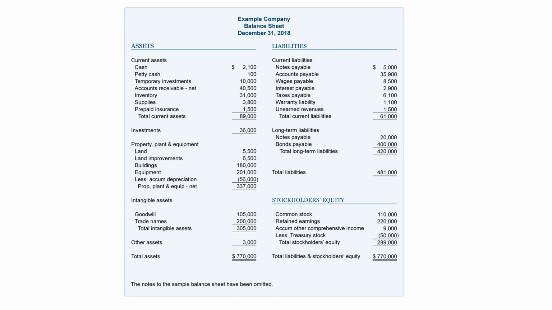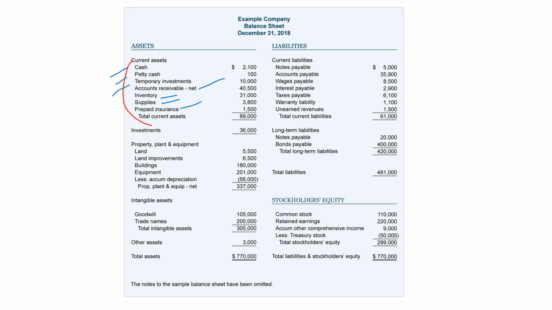Under the head current assets we have cash, petty cash, temporary investments, I mean short term. Then accounts receivable net, it means that we will be subtracting the uncollectible accounts, and then inventory, supplies, prepaid insurance. These are the short term, meaning current assets.